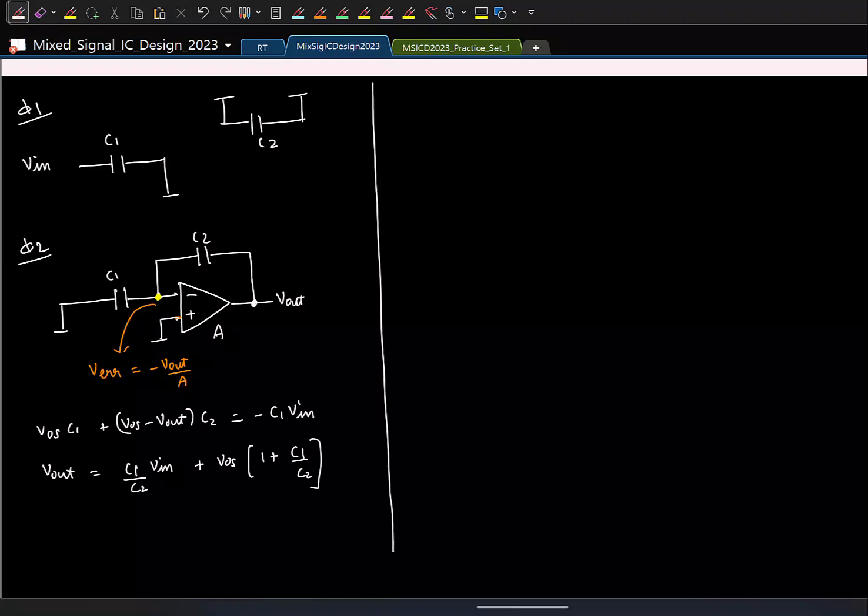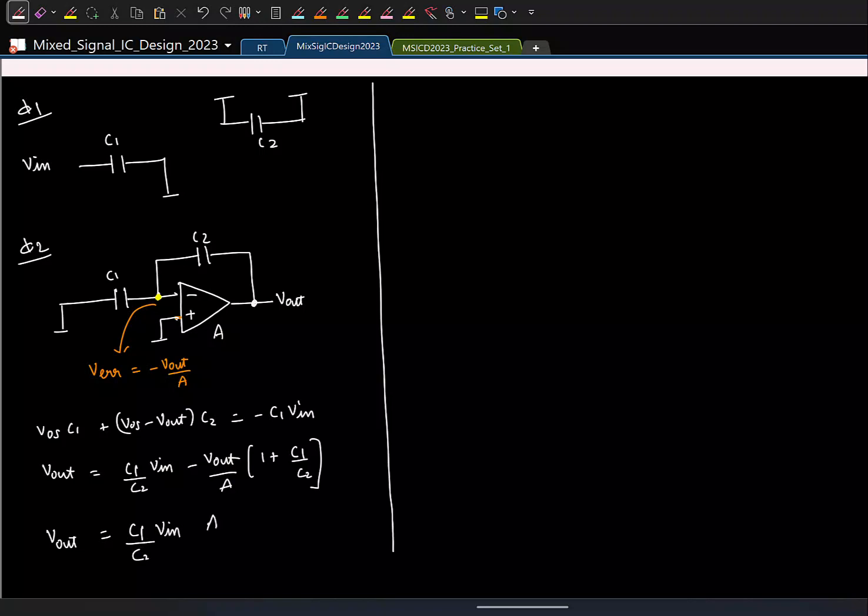Okay. So with the offset case, this voltage was VOS. So right now it's minus V out by A. We already did the calculation when we had offset. So should I do the calculation again, or can I do something simple? I'll replace VOS by minus V out by A. That's all. It's minus V out by A. And then you can club terms, and I'll just give the final expression.